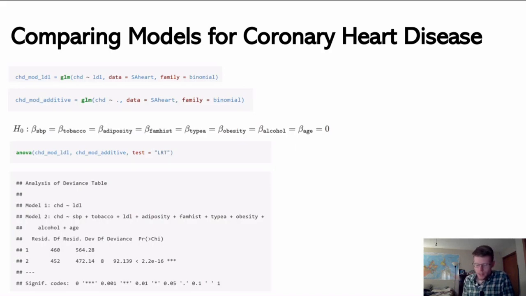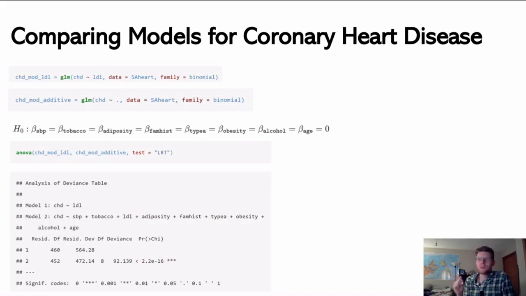I can run a likelihood ratio test using the ANOVA function again, so just the ANOVA of the two model names. The only difference is I need to add a test argument to identify that I'm doing a likelihood ratio test with these two models. I get a result that looks very similar to what I've seen before. When I do an f-test for model comparison, I get a p-value.